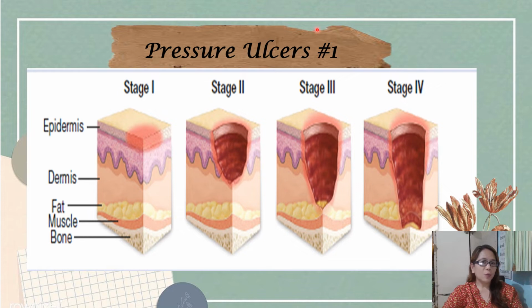While in stage 4, there is a full thickness skin loss to underlying muscles. So affected na yung muscle, yung bone, as well as the supporting structures.